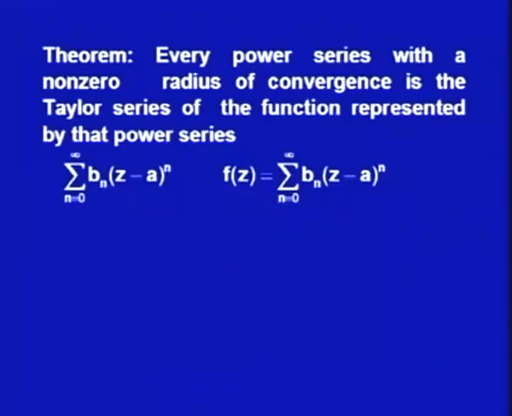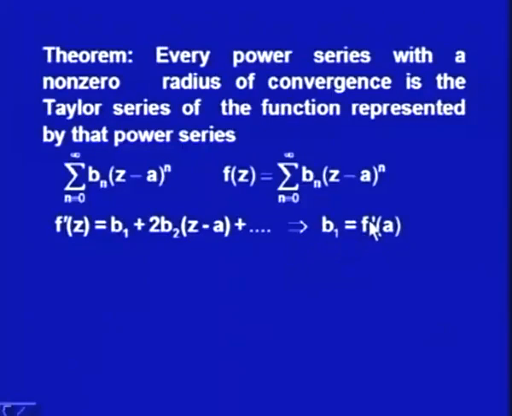Next, consider a power series with a non-zero radius of convergence; it is the Taylor series of the function represented by that power series. So, let us say we have a power series, sum from n is equal to 0 to infinity of b_n (z minus a) raised to power n, and let us say it represents a function f(z), then this is the Taylor series for the function f(z), and in this case f dash z is equal to b_1 plus twice b_2 (z minus a) plus and so on, which implies that b_1 is equal to f dash a.